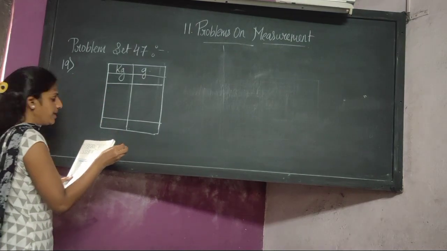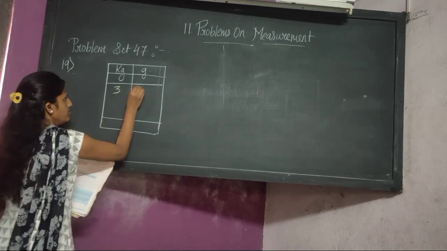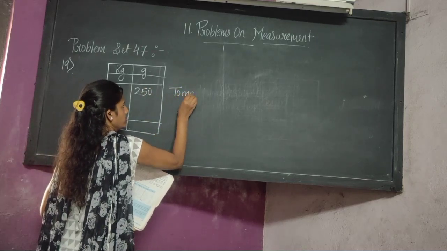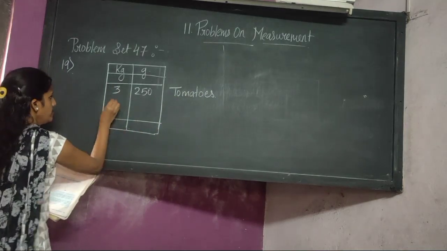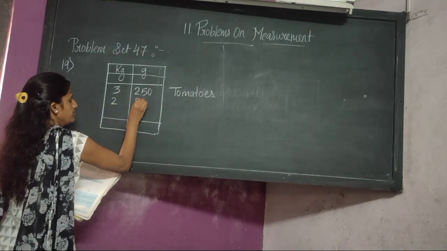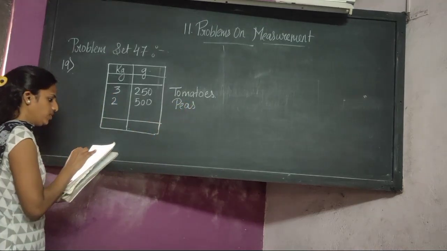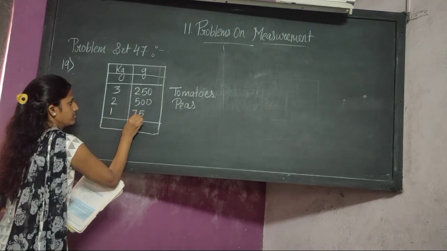The weight of tomatoes is 3 kg 250 gram. This is for tomatoes. And the weight of peas is 2 kg 500 gram. And the weight of cauliflower is 1 kg 750 gram.